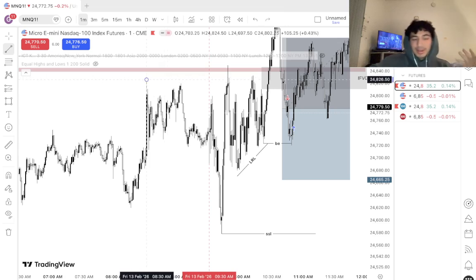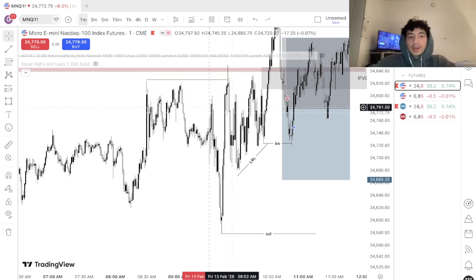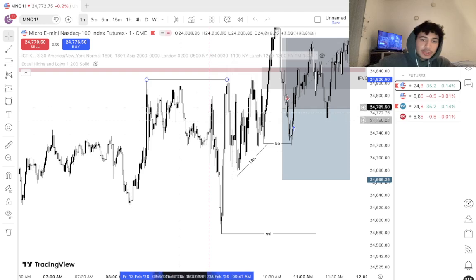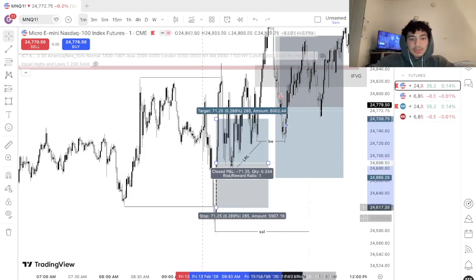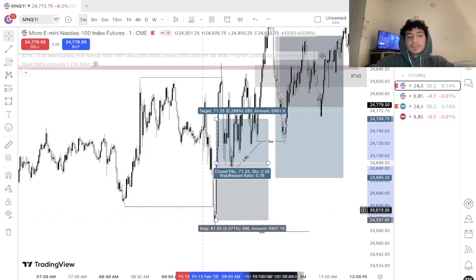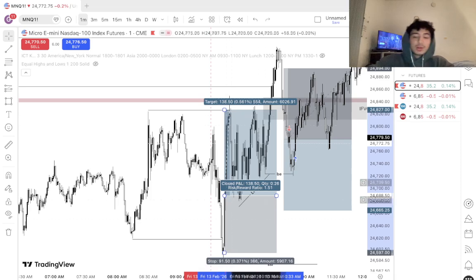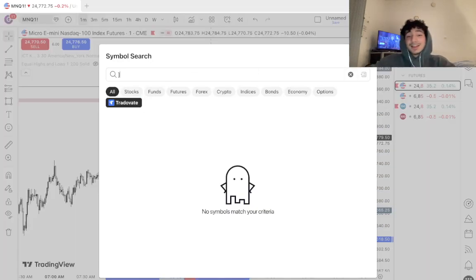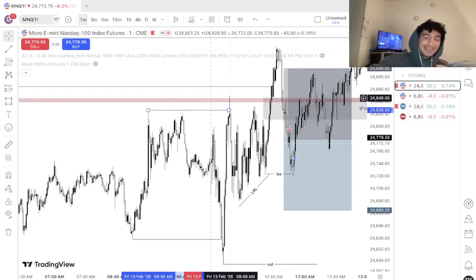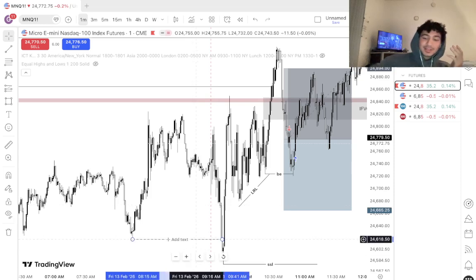I usually wake up at 8 a.m., but I ended up waking up around 8:20. I saw this structure and this inverse right here, but I wasn't highly convicted in it. I was more focused on the trend and didn't focus too much on what price action was doing. Also, I was playing chess at this time. So, pretty sloppy execution today.